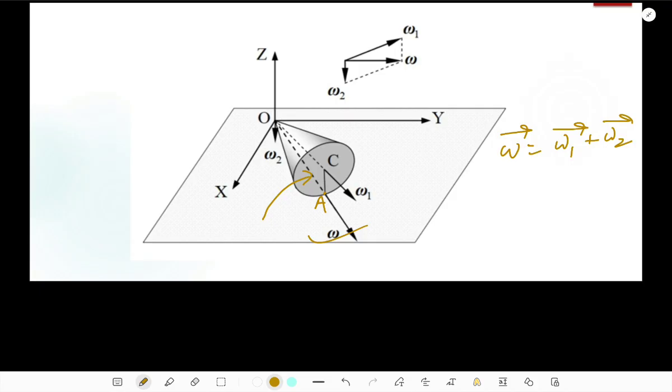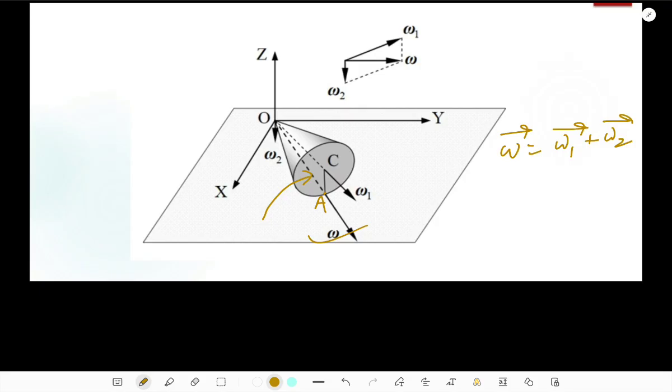So omega 2 is its orbital angular velocity, and the velocity about the principal axis you can always find by adding up the spin angular velocity and the orbital angular velocity.